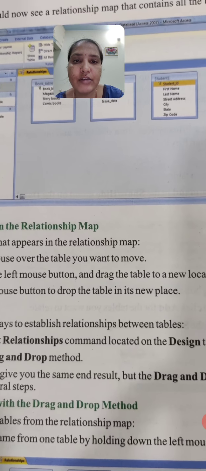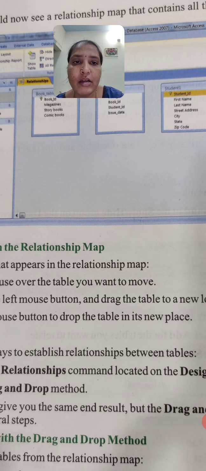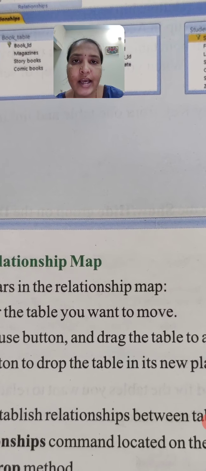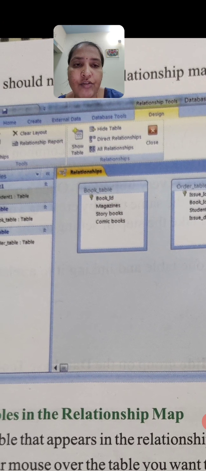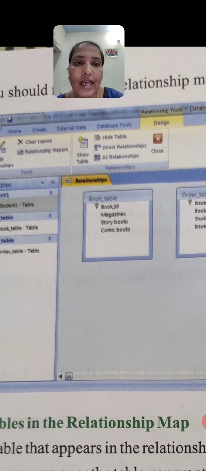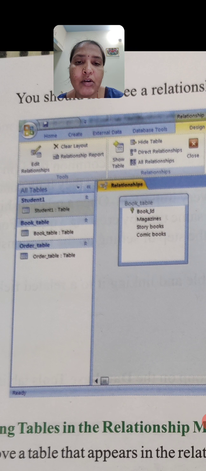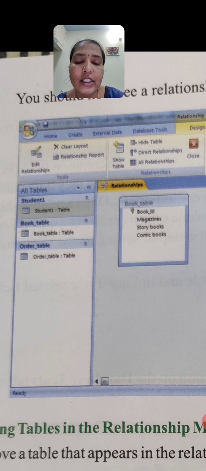See here, this is the window with the book table of student 1, student 2 and student 3, and for that we have to go to the design. In that design, for the table called student 1 we have entered two fields, the book table and order table.